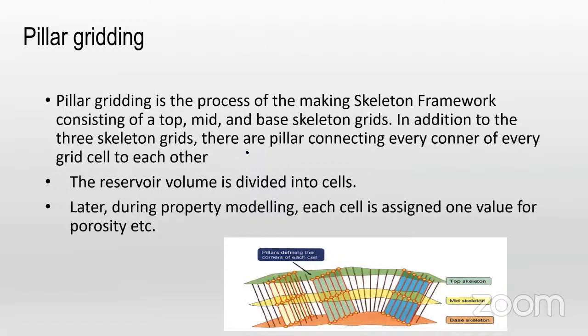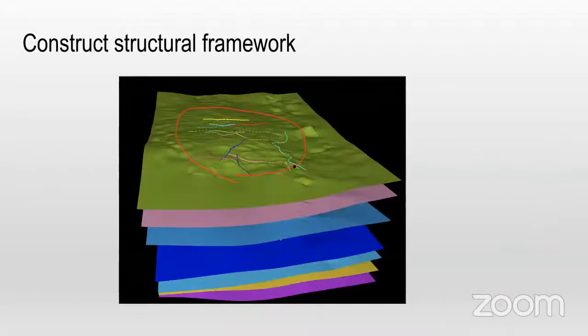After that, right now in this step, you have the structural framework. But right after this step, you must apply the porosity, the permeability, water saturation to this interval. But you can't do that because you don't have any cell.